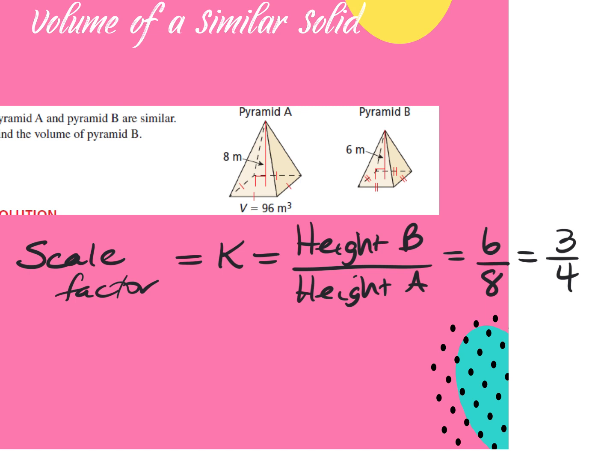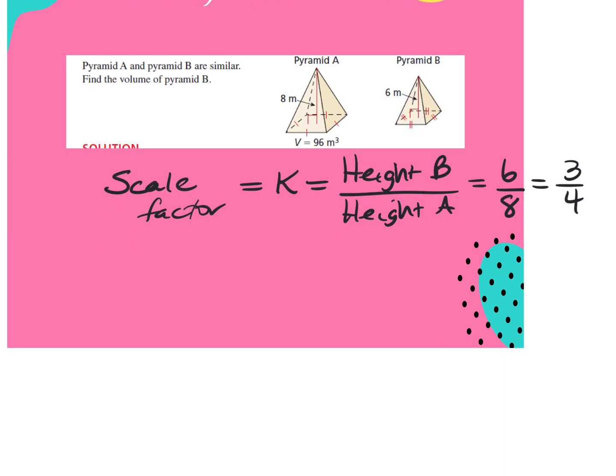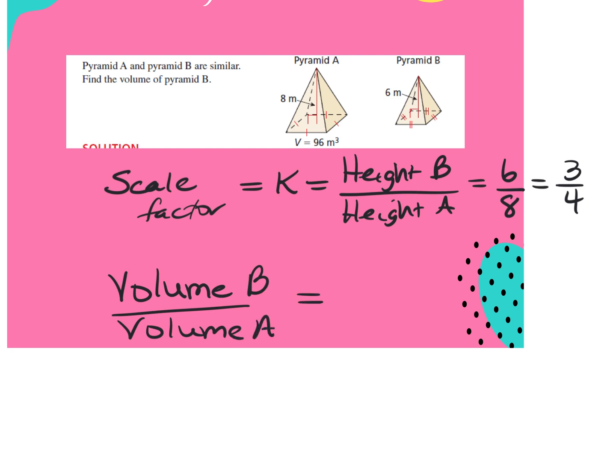Now, in order to find the volume, I need to set it up the same way. So if I'm going to do all of B's information in the numerators, that's what I'm going to do here. So the volume of B over the volume of A, and then I'm going to set this equal to the height of B over the height of A, but you've got to remember to cube it.